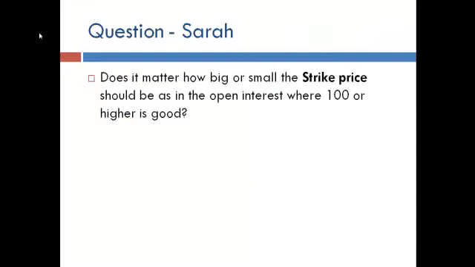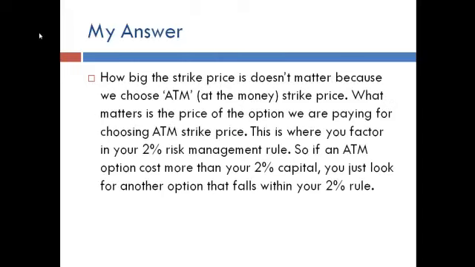Okay, Sarah also asked, does it matter how big or small the strike price should be, as in the open interest, where 100 or higher is good? She wanted to know, because we choose a higher open interest, if the strike price is big or small, does it really matter? How big the strike price is doesn't matter, because we choose at the money. One option's at the money strike price might be, let's say, $90.